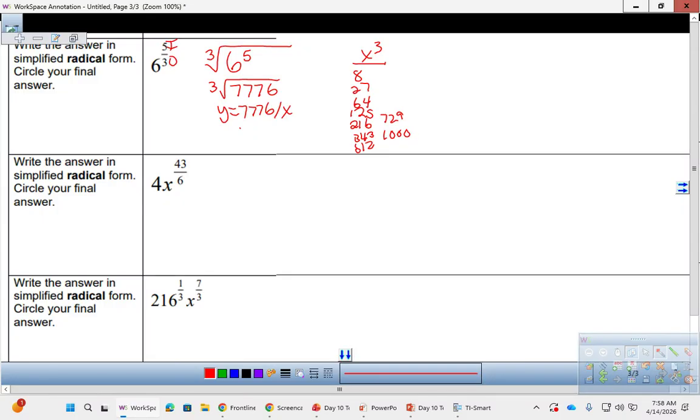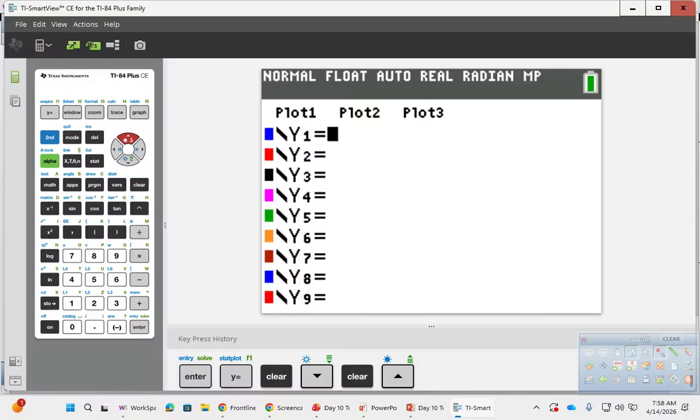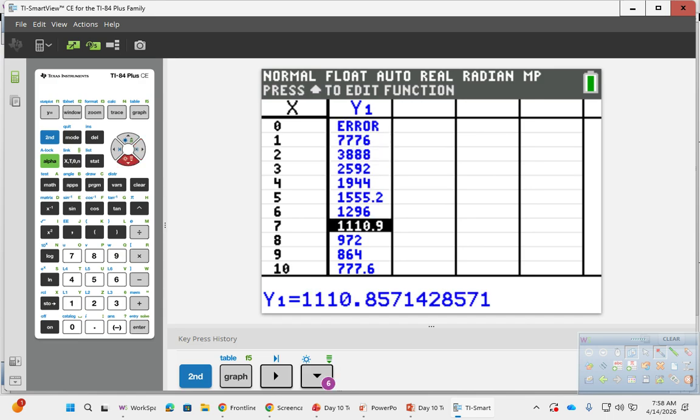So let's take a look at what we get when we go to our y equals screen. 7776 divided by x. Anybody find it? Or I'm going to be looking for a while, I assume.